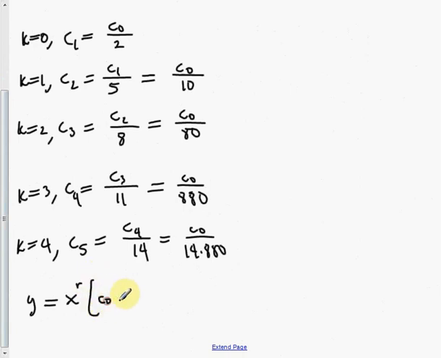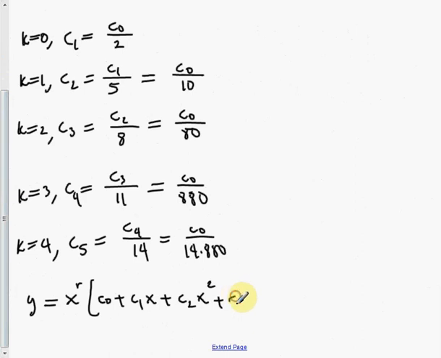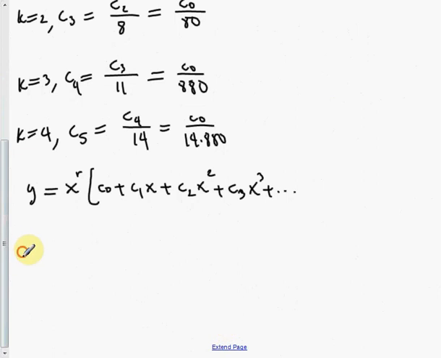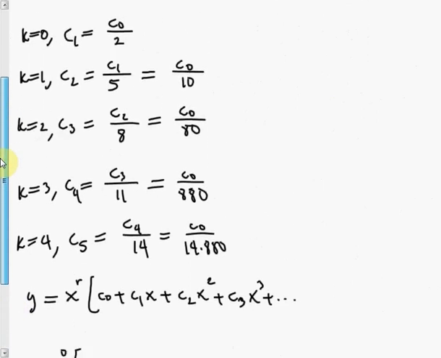Then this is times c naught plus c sub 1 times x plus c sub 2 times x squared plus c sub 3 times x to the third, and so on. So this is y is equal to here x to the 0 times the c naught, which we don't know what that is, but everything else depends on it.